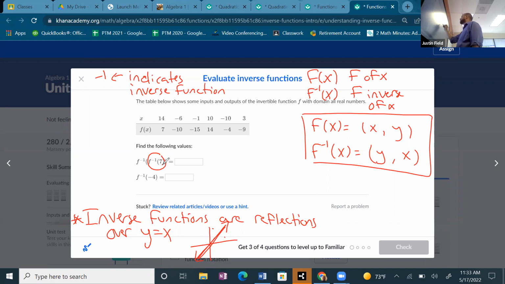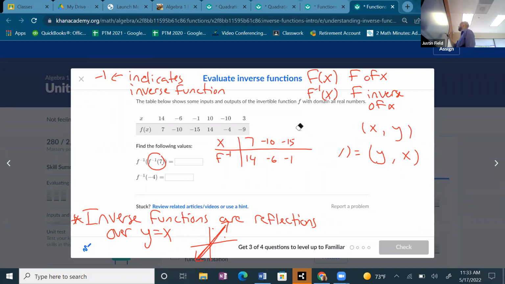Okay, so what's the f inverse table? It's just going to be 7, 14, -10, -6, -15, -1. Now I got to erase. I keep pointing. I need room for my table. But you should have it written down.